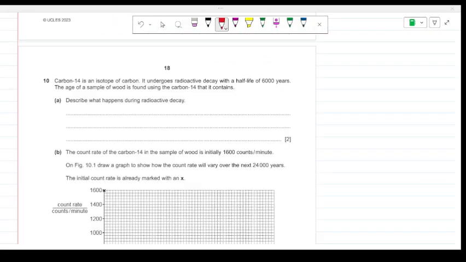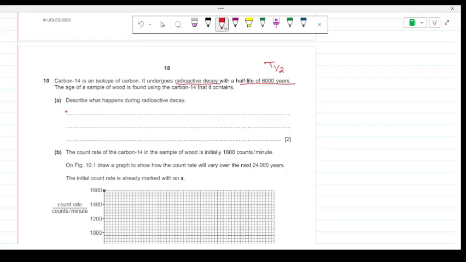Okay, moving on to question number 10. Question number 10 says carbon 14 is an isotope of carbon. It undergoes radioactive decay with a half-life of 6,000 years. So we have been given the half-life of carbon 14. The age of a sample of wood is found using the carbon-14 that it contains. Describe what happens during radioactive decay.